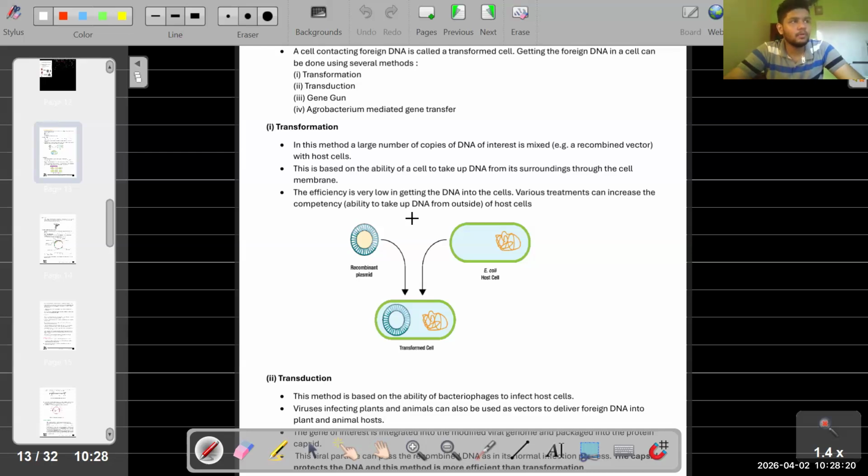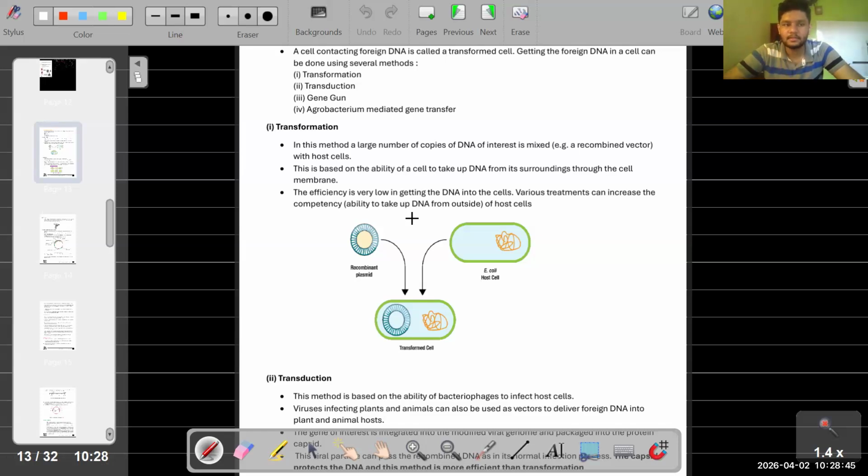Okay. Now, we said that bacteriophages are also used as vectors. Can you remember? Can you remember how bacteriophages transfer the DNA into the host cell? I used a word.